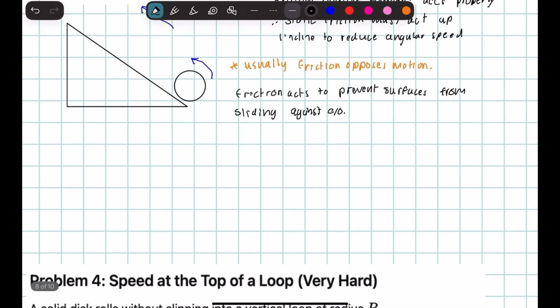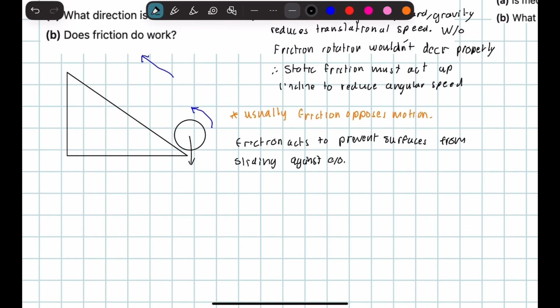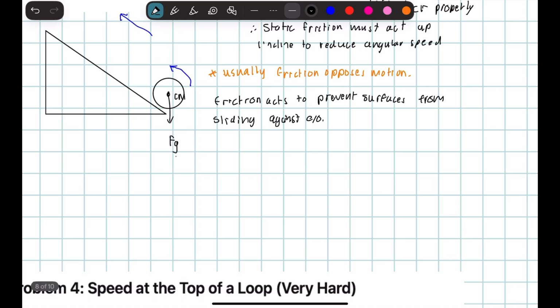So there's a conflict of motion, because as the wheel rolls upward, gravity is pulling down on the center of mass, and what Fg does is it reduces the translational speed.